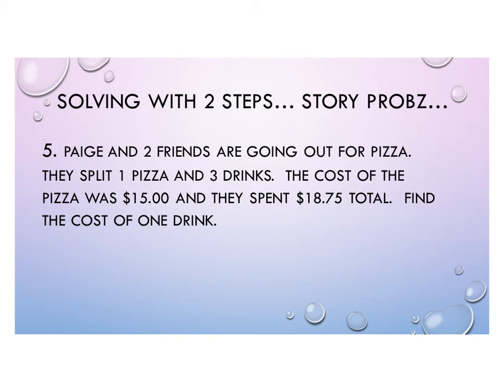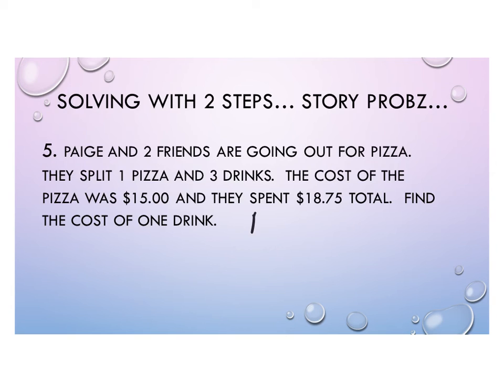Okay, last one, and then we'll let you get to some work. Paige and 2 friends are going out for pizza. They split 1 pizza and 3 drinks. The cost of the pizza is $15, and they spent $18.75. Find the cost of 1 drink. First of all, let's write an equation for what they ordered.